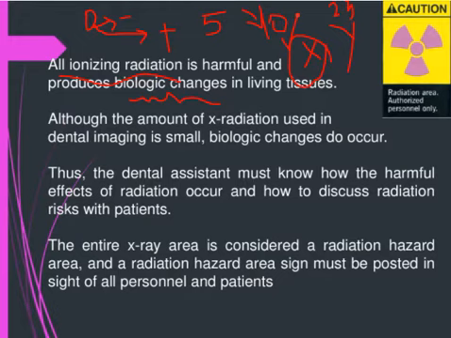It is always important that if you are working in a clinic, you have a measurement of the radiation exposure. If a measurement is not there, then it is possible that you are exposed to harmful changes. Did you understand the importance of radiation and knowing about its measurement?